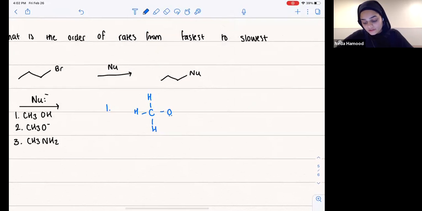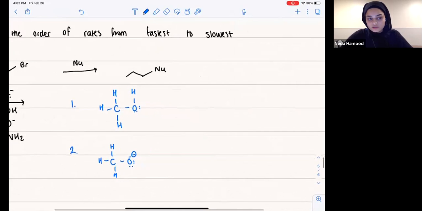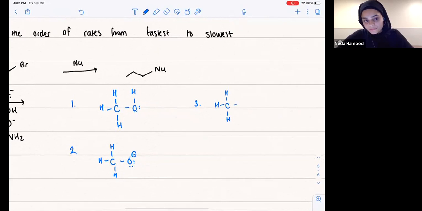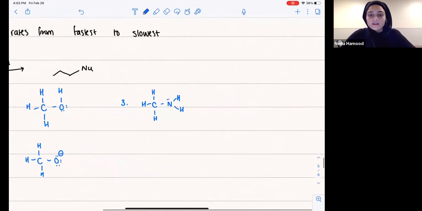Number 1 has an OH like that. Number 2 looks like this, where we have a CH3 and then an O with all of those nice electrons on there. And 3 is CH3NH2 with a lone pair like that.